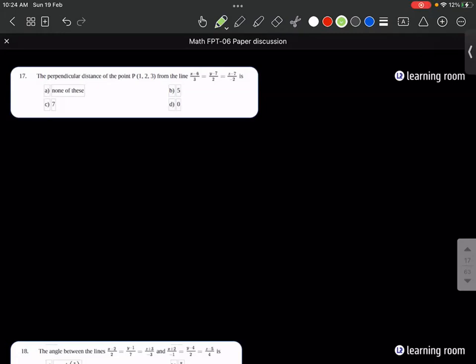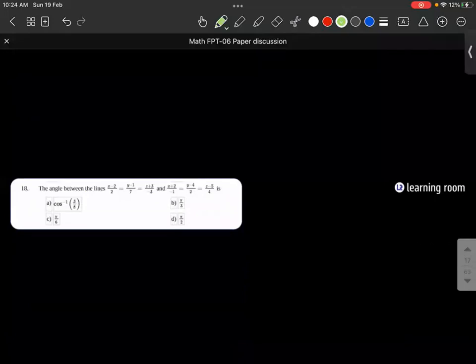Sir, 7, sir. Correct. How did you do? Sir, first I found the general point and then the direction ratios. Yes, sir. You found the foot of the perpendicular and then you get the distance. Correct.